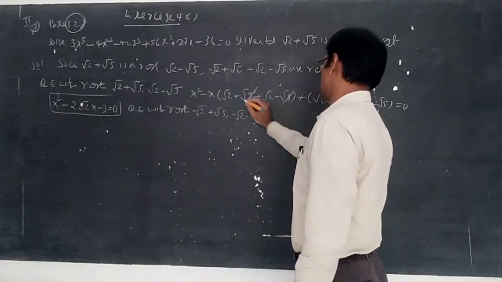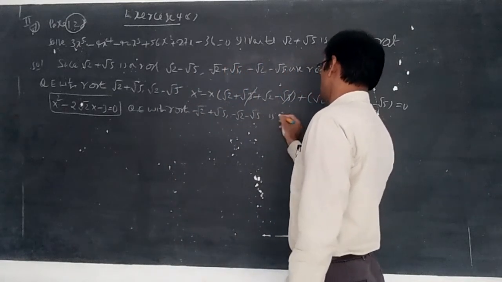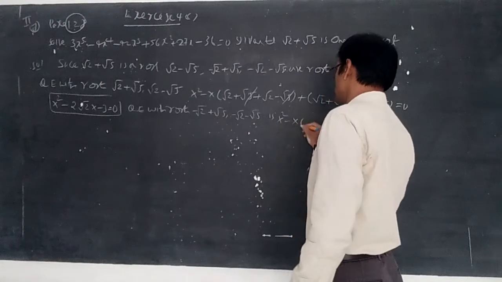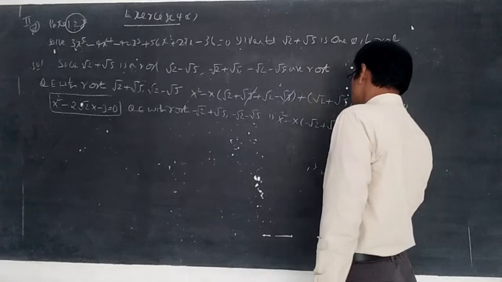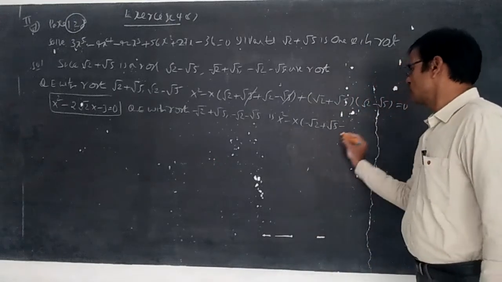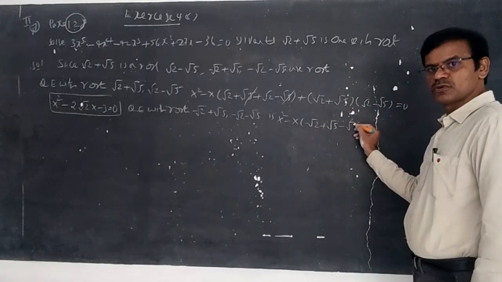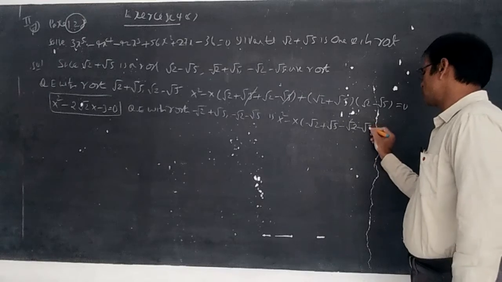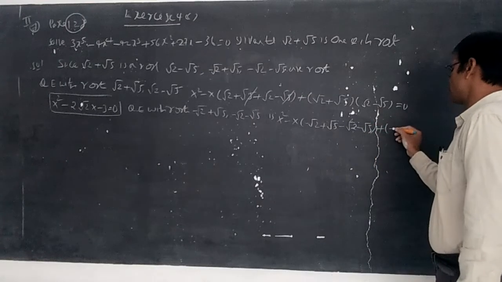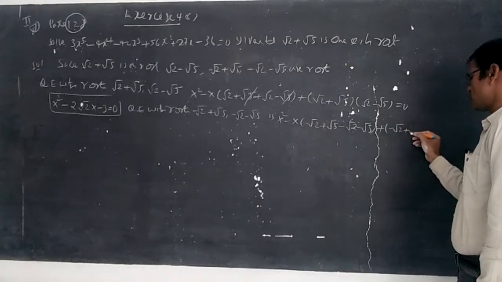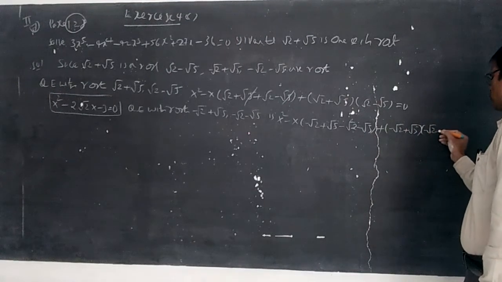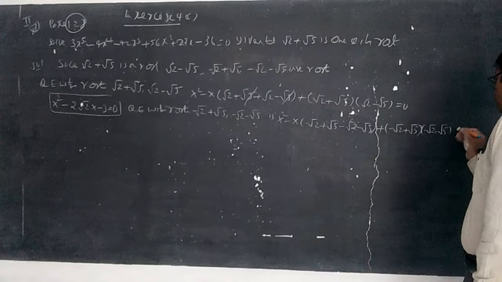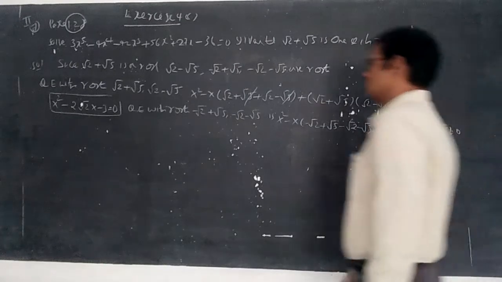It is x square minus x into (minus root 2 plus root 5 minus root 2 minus root 5) plus (minus root 2 plus root 5) into (minus root 2 minus root 5) equal to 0.